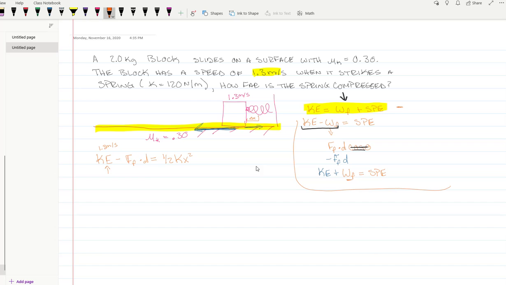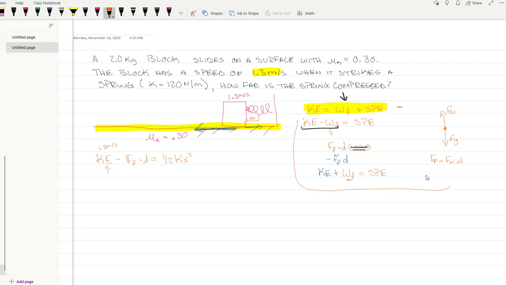And the force of friction, well, I can do a free body diagram and look at this and say, okay, I've got force gravity down, force normal up. I'm in motion, so the force of friction does equal the force normal times mu.